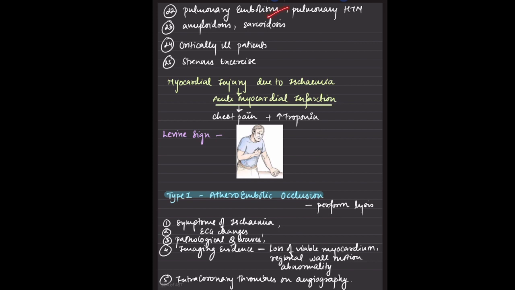Next are pulmonary embolism, pulmonary artery hypertension, amyloidosis, sarcoidosis in a critically ill patient, and of course after strenuous exercise.